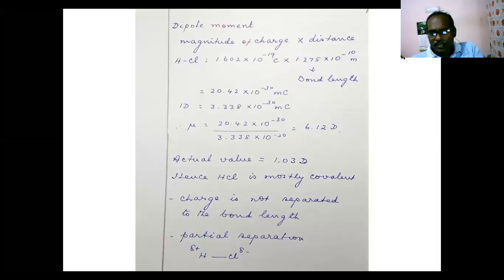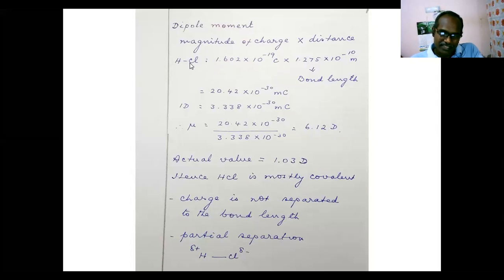Okay, look here. The polar bond is formed when atoms of different electronegativities combine. Electronegativity is the capacity of an atom to attract the shared pair of electrons towards itself. Therefore, assuming a complete transfer of electron, we take the charge as 1.602 into 10 power minus 19 coulomb. This is the magnitude of the charge.